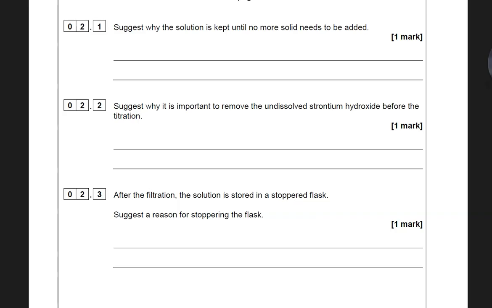Things that could happen to the solution are that you could get evaporation, or that the solution might dissolve carbon dioxide from the atmosphere if unstoppered, and dissolved carbon dioxide would change the titration result. It's not the answer they're looking for, but it's a fair answer to say that it's stoppered so that you can invert it to make sure it's mixed.